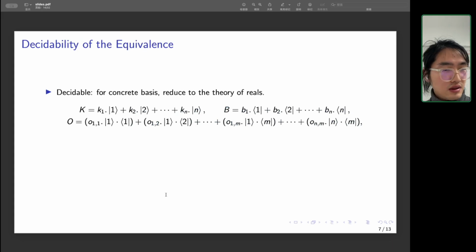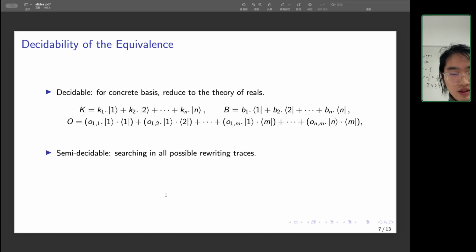Essentially, this is transforming the variables into their matrix interpretation and doing the calculation. But this is impractical because the complexity depends on the dimension of Hilbert space, which can be quite high. And this is exactly why quantum computation cannot be efficiently simulated using classical computers.